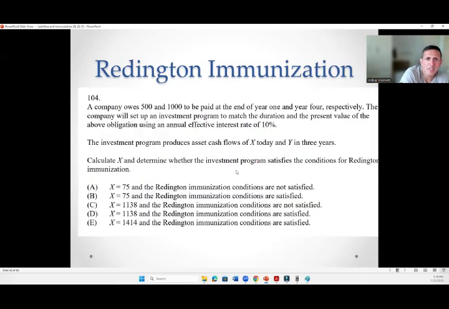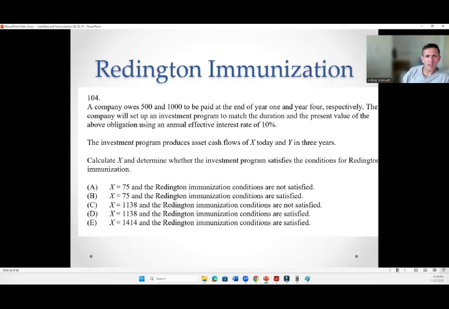All right, so just some examples. 104, I'm not going to do this one, but they're saying you match duration and you match the present value of the obligation.